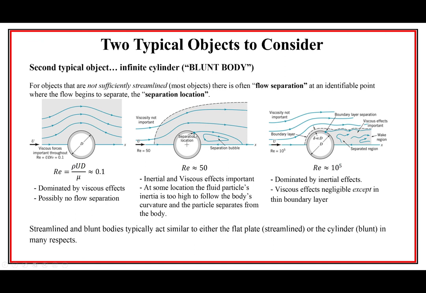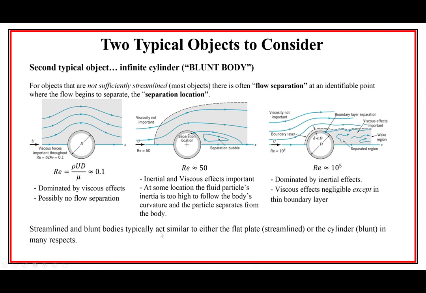We have a different phenomenon that we have to look towards, where we get to maybe a Reynolds number of about 50, and we start to get that separation, and then we actually have this recirculation, separation bubble happening behind it. And if you go up high enough, the boundary layer separation point starts moving backwards, and then we start to get this turbulent zone where we have this wake region, and the viscous effects are negligible except in the thin boundary layer.